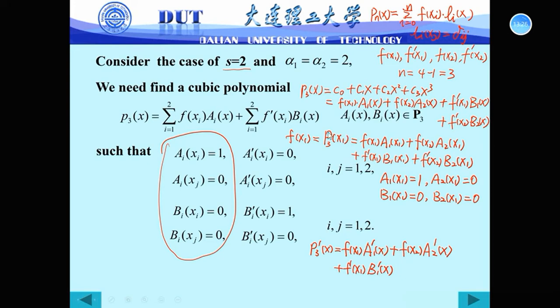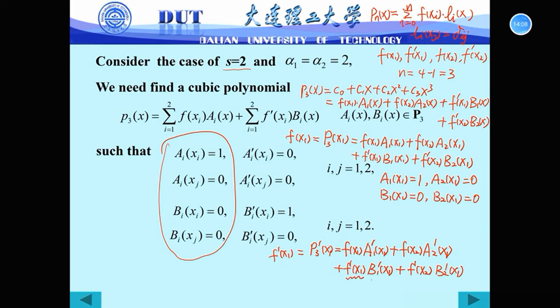You need to compute the derivative of each term. It's okay? This is the derivative of P3. And if we consider the derivative at x1, then it should be the derivative of f at x1. Here x1, here x1, here x1, and here x1. And now you see here already the derivative f'(x1).